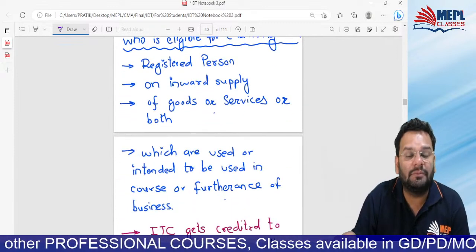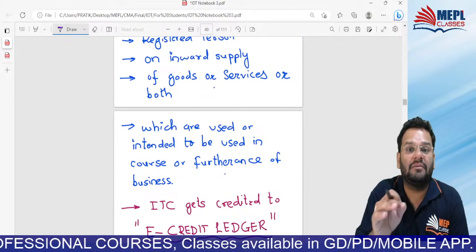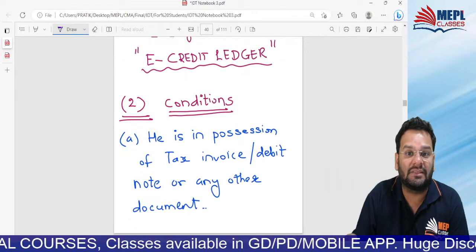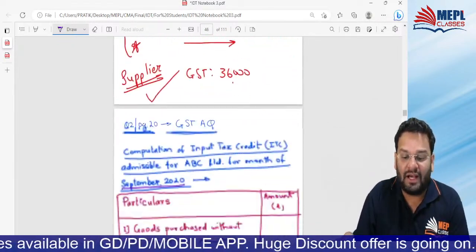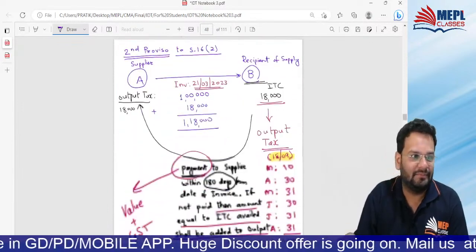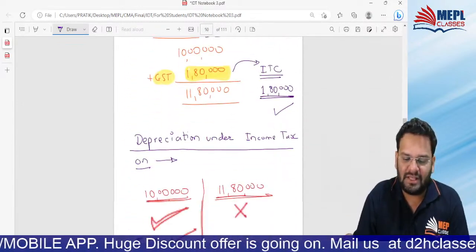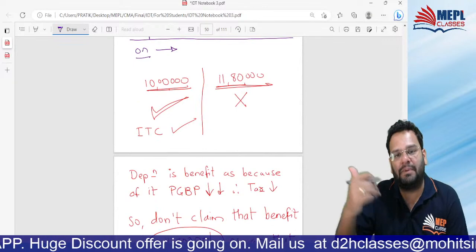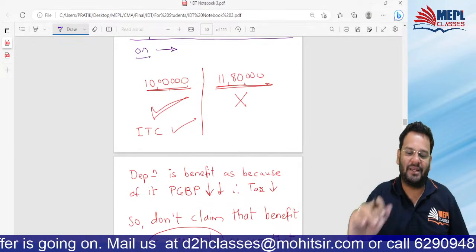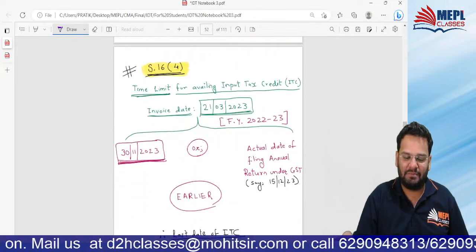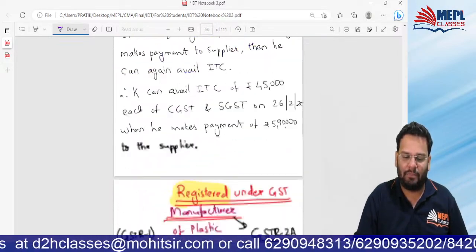So do you agree with me that every time purchase cost will be taken excluding GST? Because we are claiming ITC. GST paid to your supplier cannot form part of cost. Do you agree with me that GST paid to supplier cannot form part of cost?